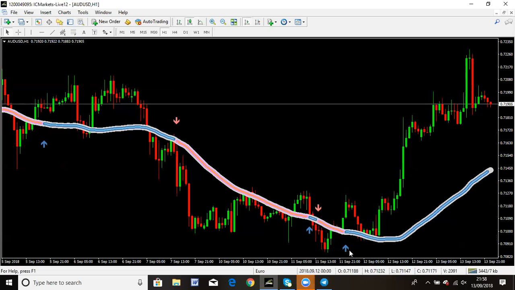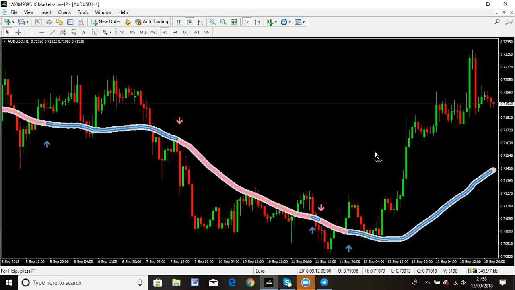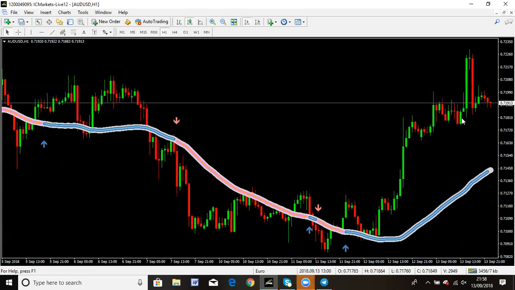Again, it gave another buy signal, and since then the market has pretty much gone up. If you would have taken it from here all the way till here, 72.60, you're looking at roughly about 120 pips, right?